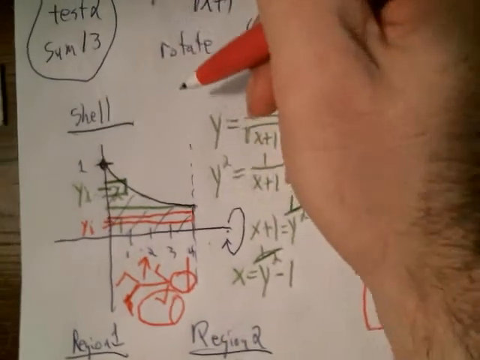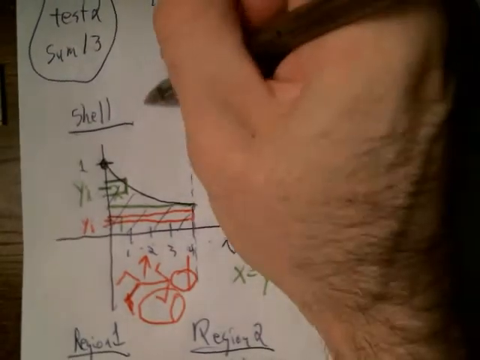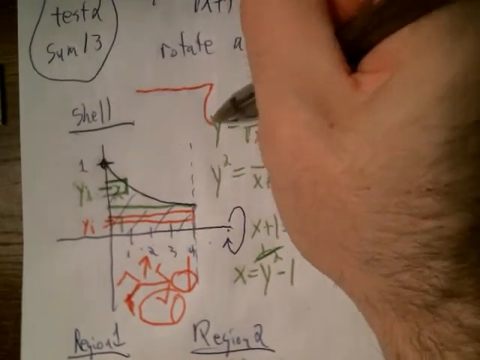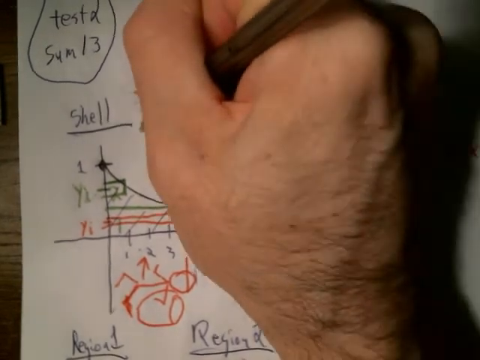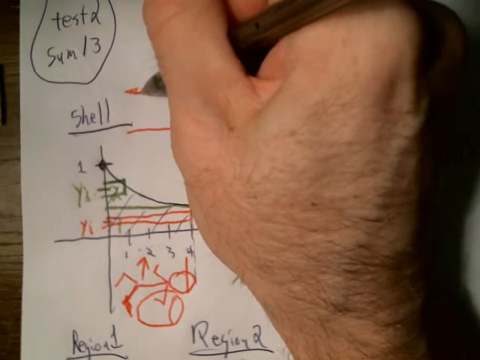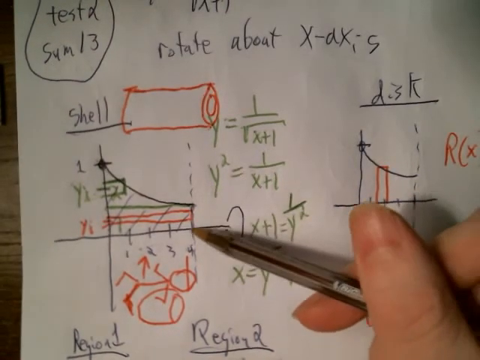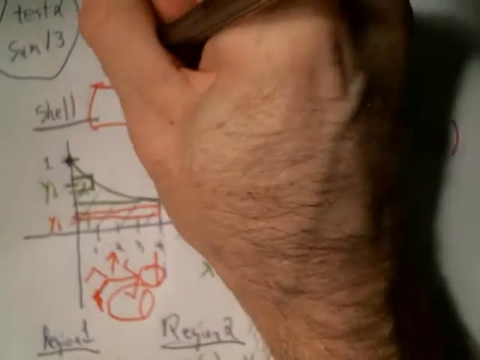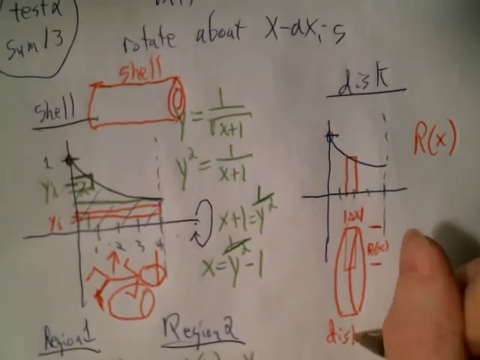I guess it'd be kind of hard to draw it where it's sitting, but its region in this case would be kind of like this. So the region that's being generated by rotating that about the x-axis is this. So this is the shell, and then versus over here is the disk.